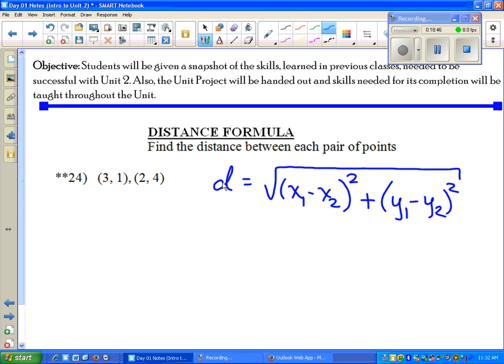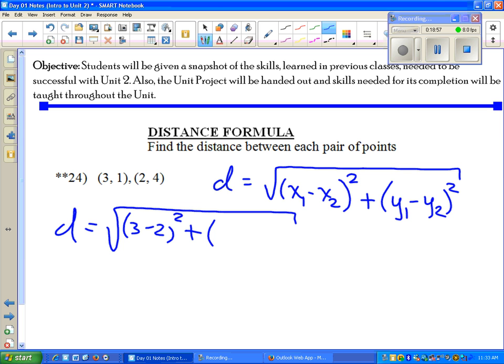So here we go. Let's do this. My distance is equal to the square root of 3 minus 2 squared plus 1 minus 4 squared. 1 squared plus 3 squared. Now wait, that's not 3 squared. That's negative 3 squared.